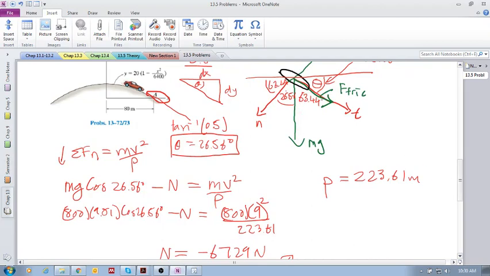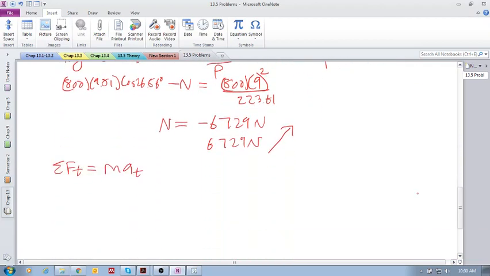So mg cos 63.44 plus F friction is equal to m a_t. The important thing to note here is I'm not converting this into mu_s N. Don't do that, because it doesn't tell us where the friction force is, whether it's about to slip. The friction force is simply an unknown force that we're trying to calculate.